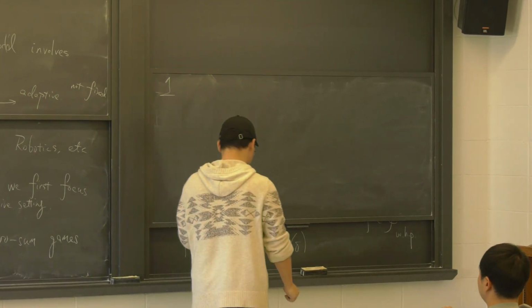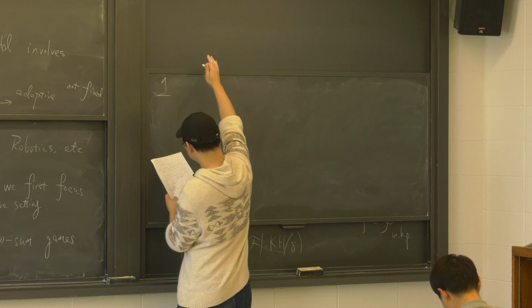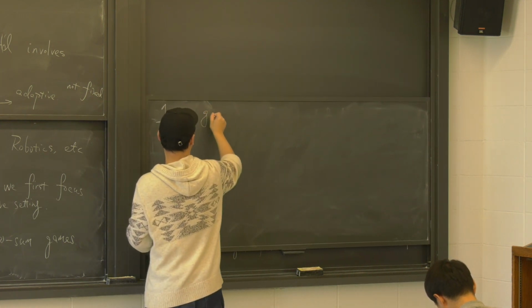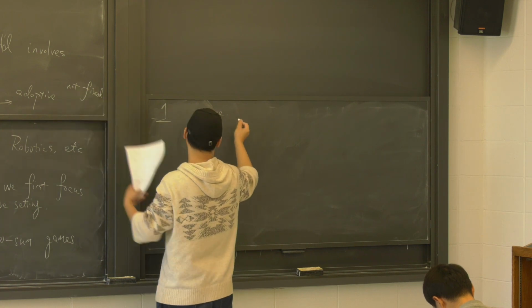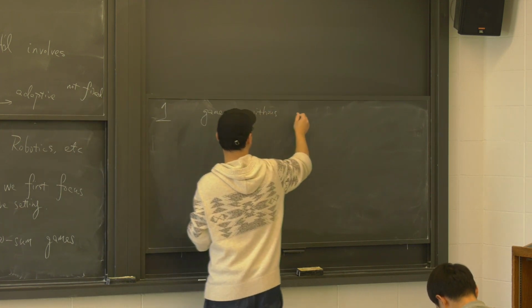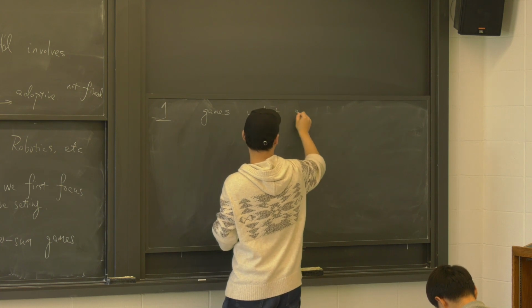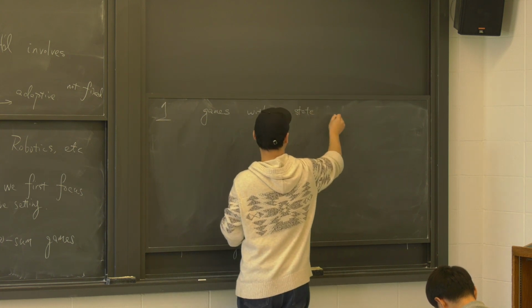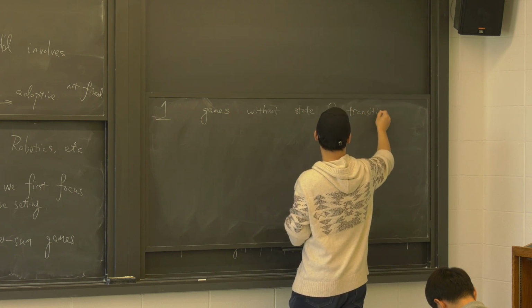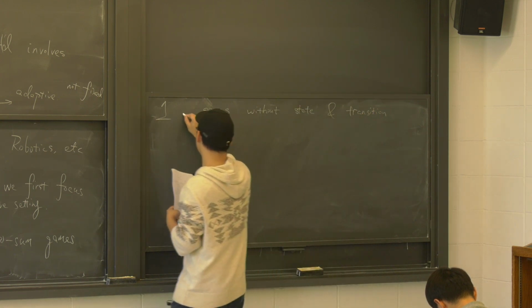As we said, we first consider the basic form of games, the normal form game, essentially games without state and transition.